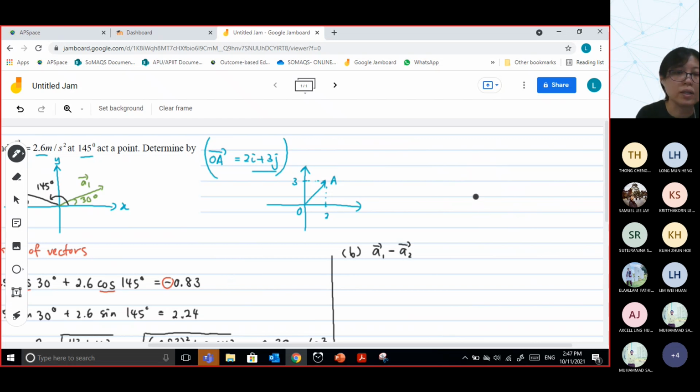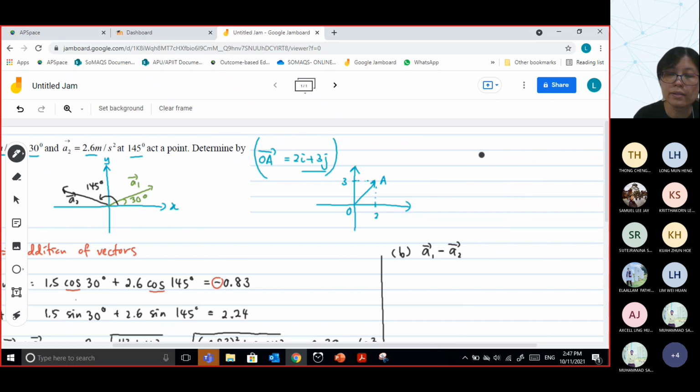According to the previous diagram, this is actually A1 plus negative A2.